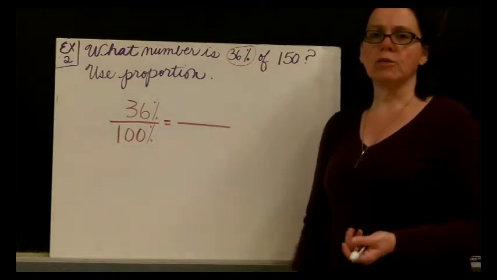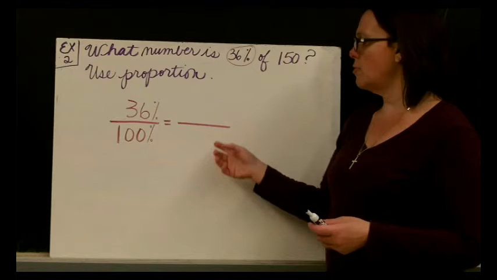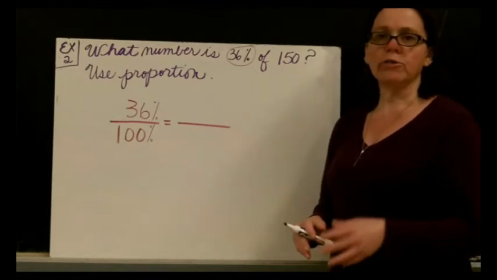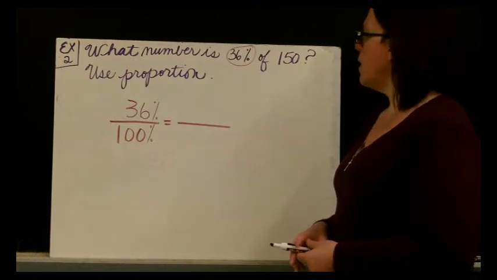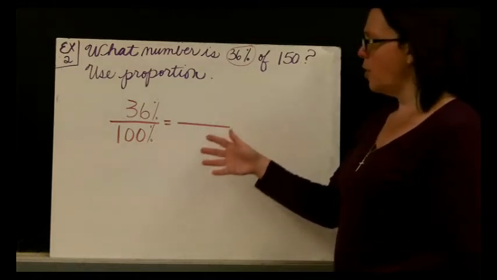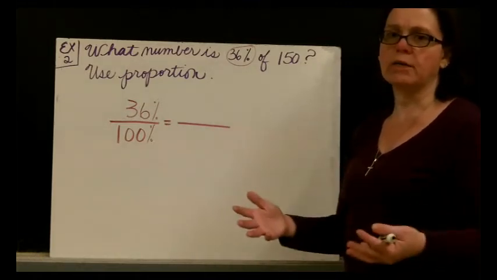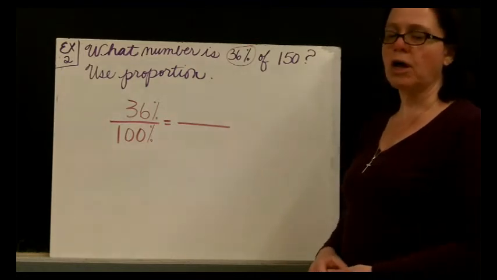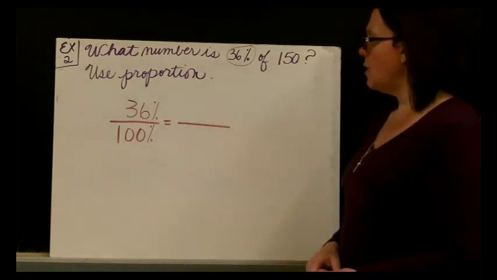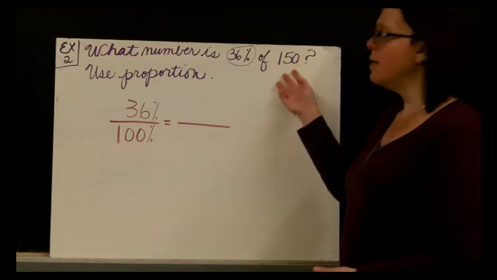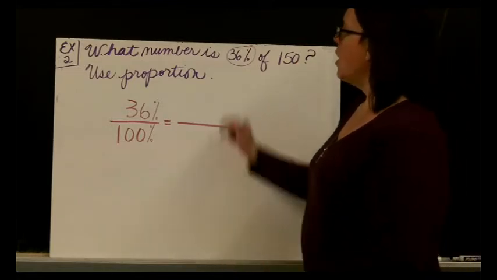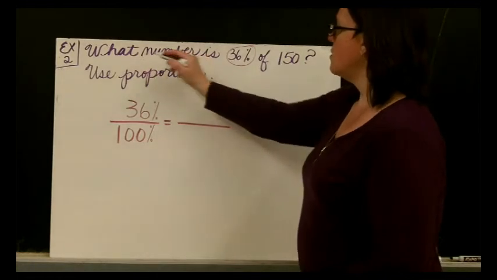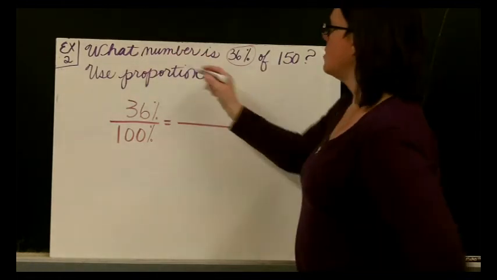It's tempting to say that the 150 will automatically go in the denominator. And while it is true for this problem, we want to make sure that we remember that we may encounter problems where we are looking at something that is greater than 100%. So just because it's a big number, that's my takeaway, it doesn't mean that it goes here. Anyway, what number is 36%?